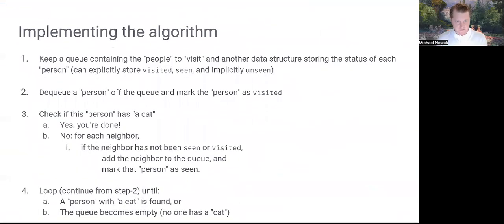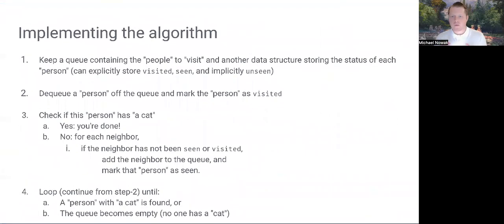So we're going to address this by not only keeping a queue containing the people to visit, but we will also maintain another data structure that's going to store the status of each person. And we can explicitly store this visited and seen status, and I'll get into what the difference is between these two. And then we could implicitly store unseen.